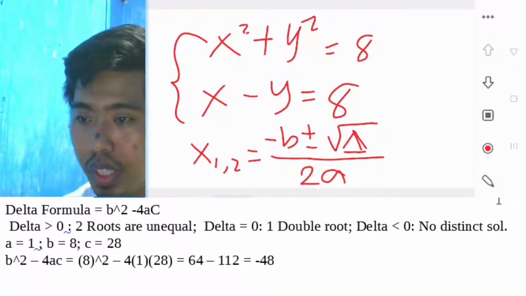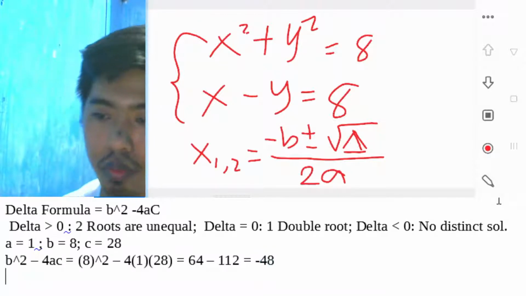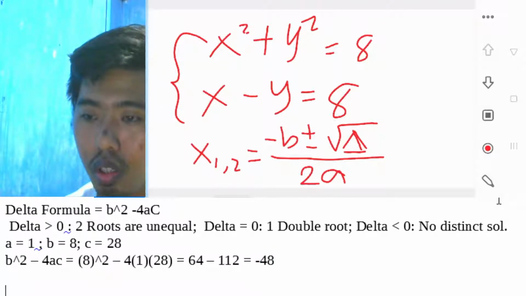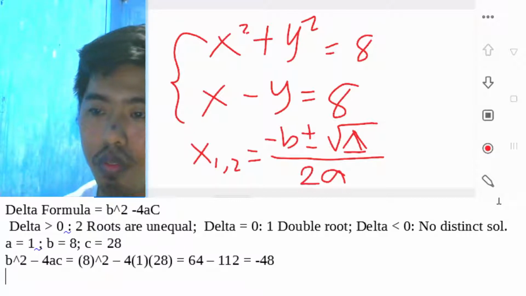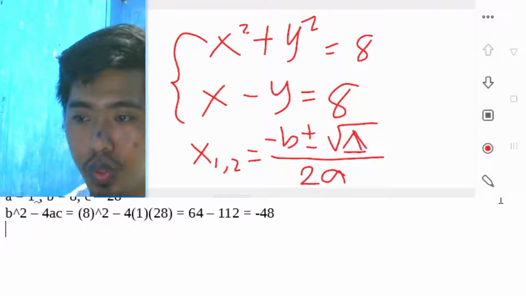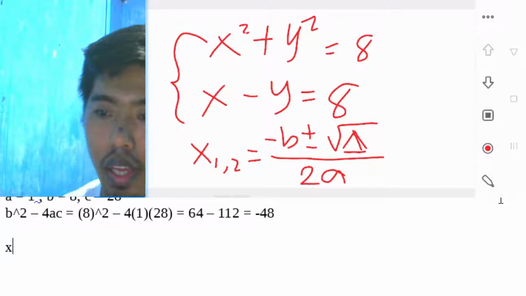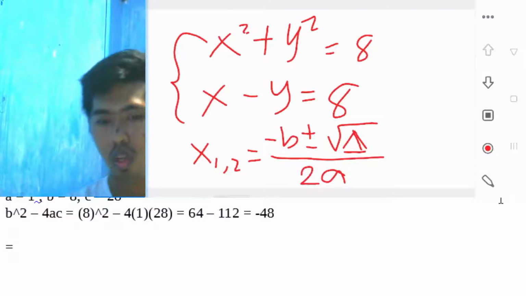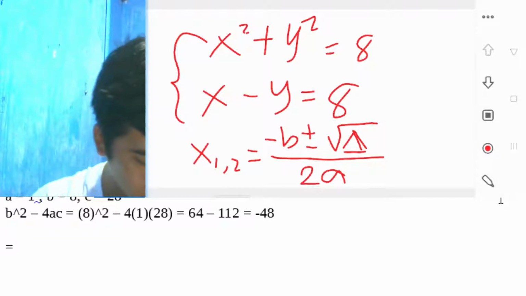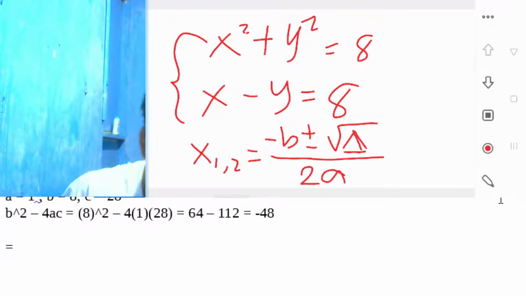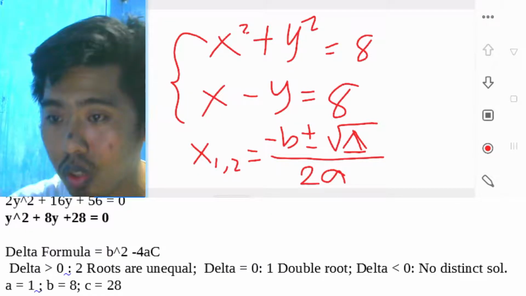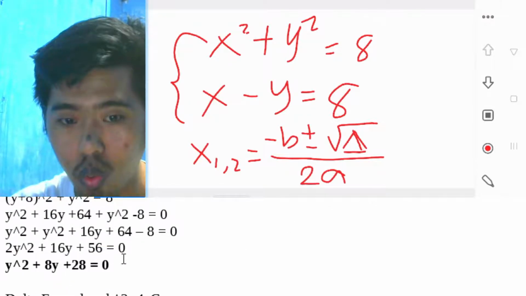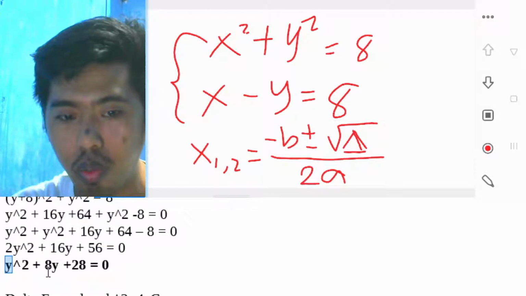Since we know already that the value of delta is negative 48, let's continue the formula of the quadratic equation. Okay? So x sub 1, as we know na atong gi-answer is the value of y, so we are trying to answer the value of y.